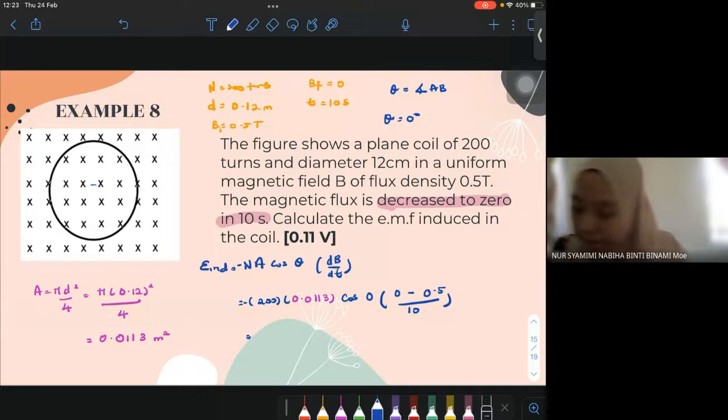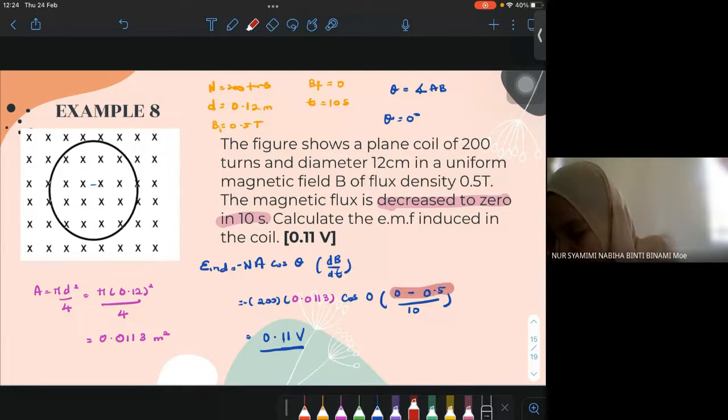Berapa dapat? 0.113. Negative 0.113. Okay. Dia ada negatif sebab formula asal kan ada negatif, so saya perlu letak tadi. We have negative and negative, dia akan jadi positif.